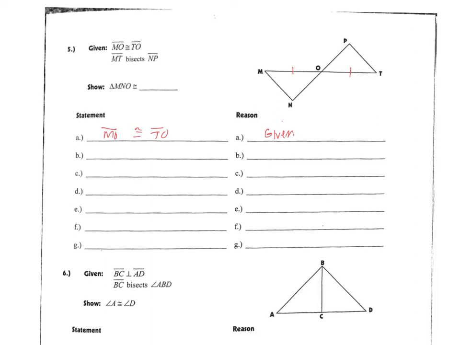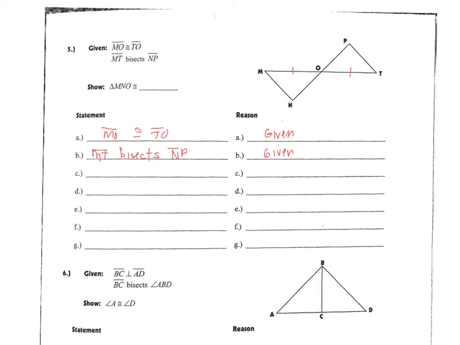That's really just a one-off. We can't expand upon that. So I'm going to go to my next piece of given information, which tells me that segment MT bisects segment NP. And that is also given.